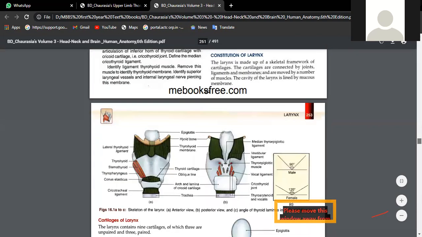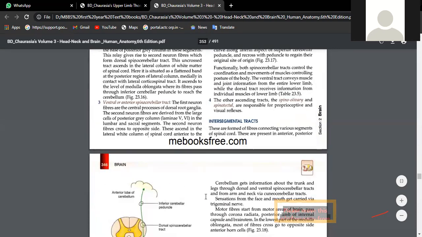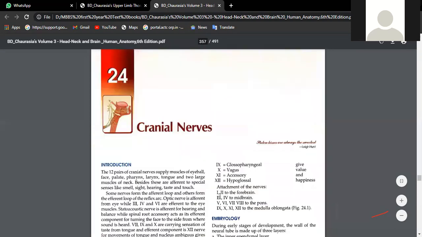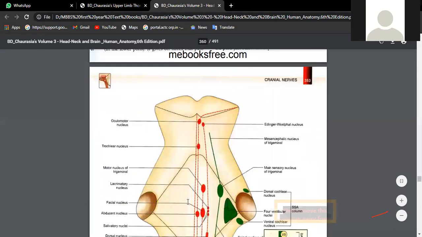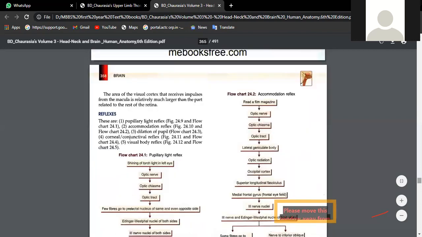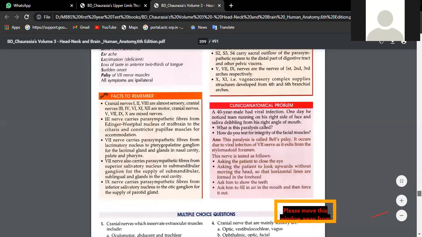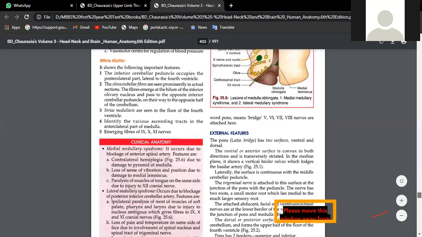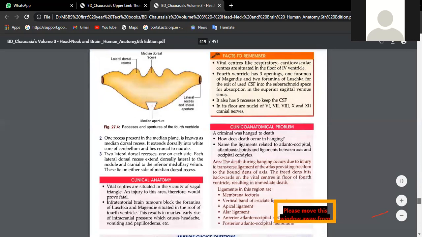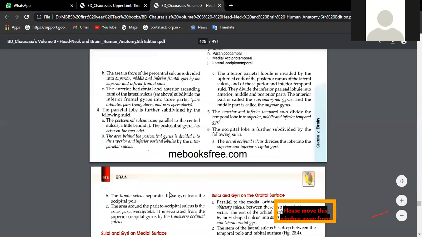Cerebrum chapter. If you are checking, just please let me know the page number. Chavi, Ritika. Yeah, with cerebrum. I'll try to check for fornix.